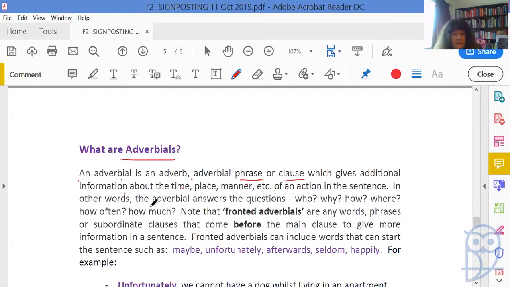In other words, the adverbial answers the question who, why, how, where, how often, how much. Note that fronted adverbials are any words, phrases, or subordinate clauses that come before the main clause to give more information in the sentence. Fronted adverbials include words that can start a sentence, like maybe, unfortunately, afterwards, seldom, or happily. There's many more.